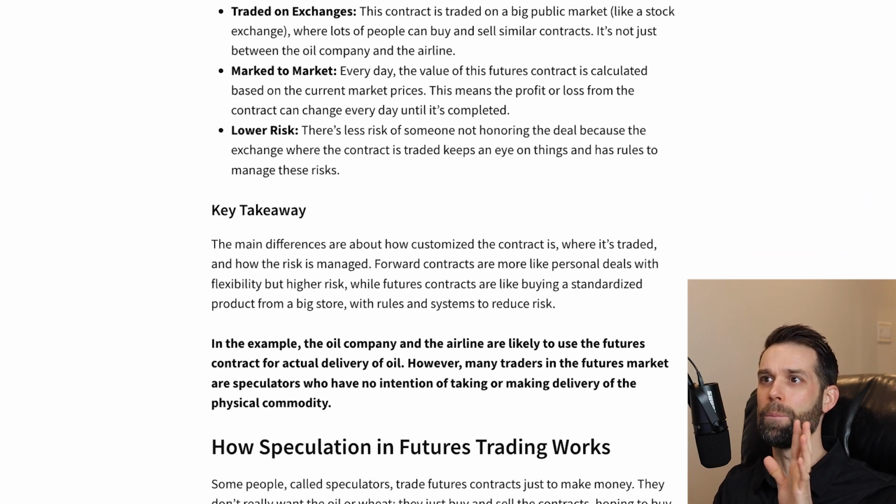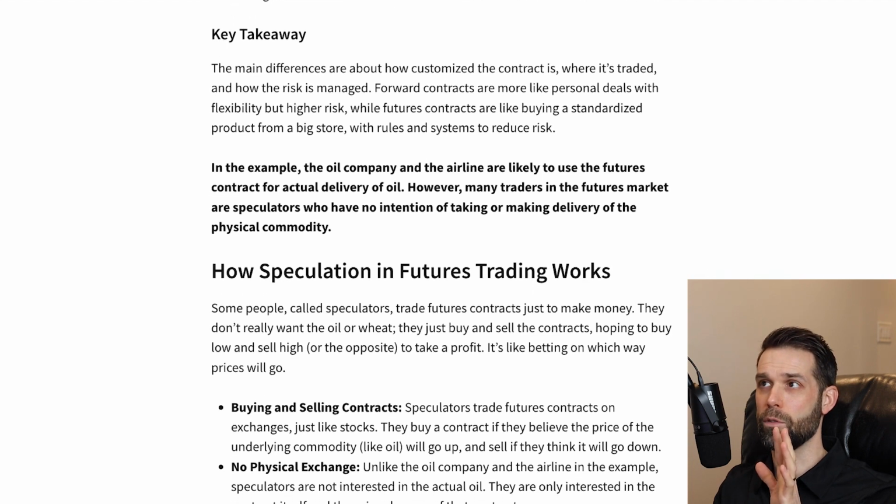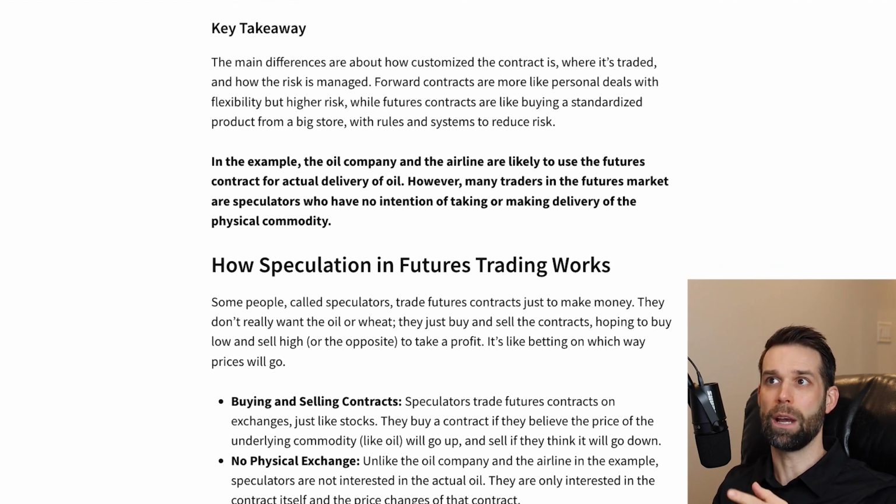So the key takeaway, the main differences are how the contracts are customized for forward contracts, where it's traded, and how the risk is managed. Forward contracts are more like personal deals between two parties, while futures contracts are like buying a standardized product from a big store where there's a system in check.